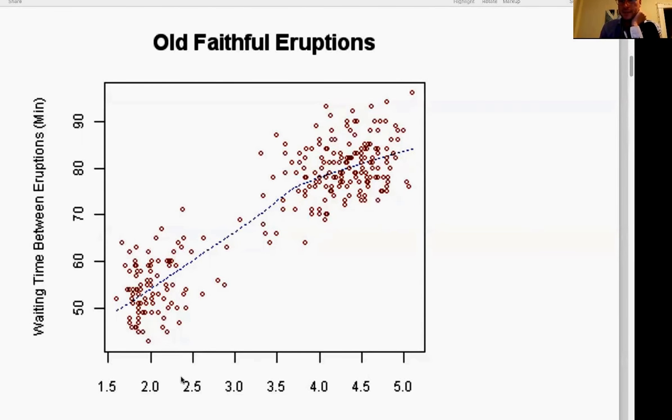Keep in mind, last week we looked at one numeric variable at a time. So if you wanted to do a histogram of the eruption duration, you could do that, and you could estimate the mean and standard deviation of eruption duration.